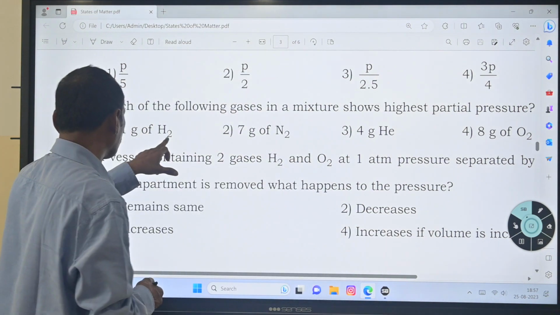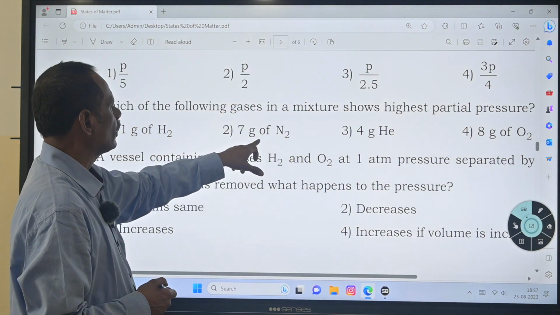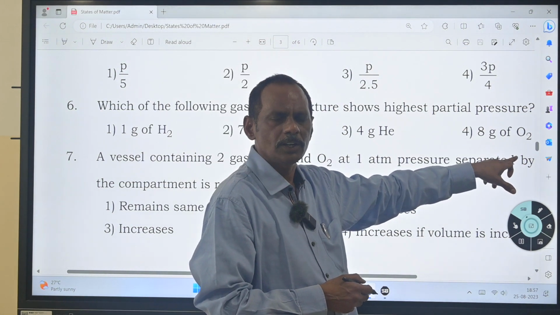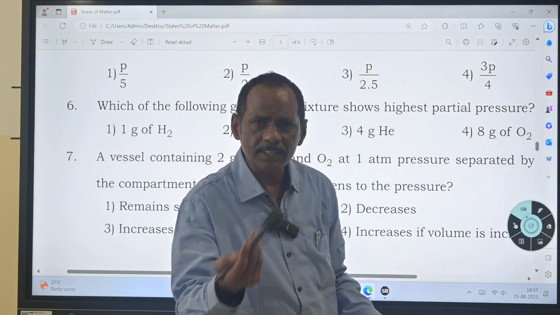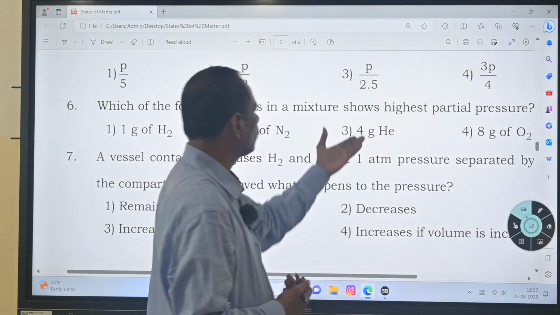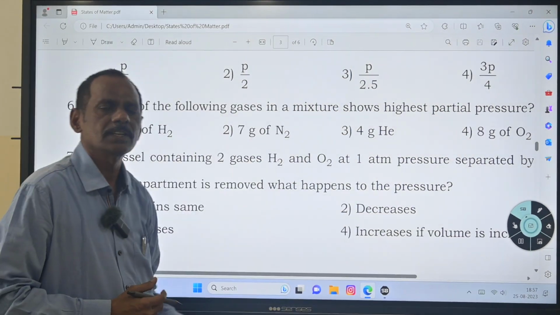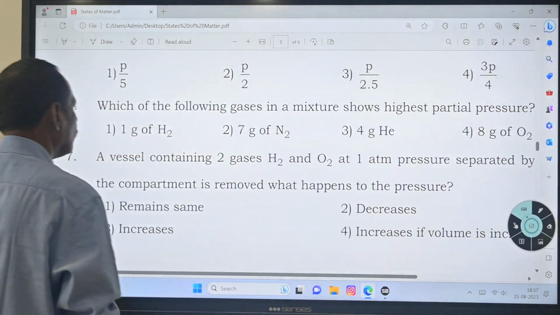So the number of moles is 0.5, 0.25, 1 and 0.25. Among these four, which has the highest number of moles? 4 grams of helium, it is 1 mole. Therefore, helium exerts the higher partial pressure.